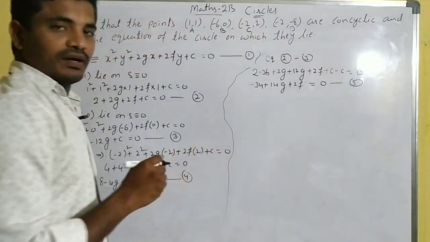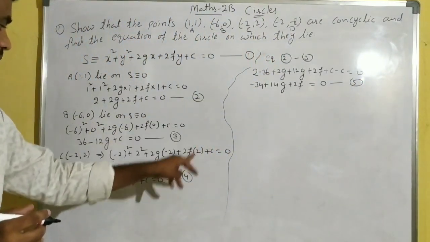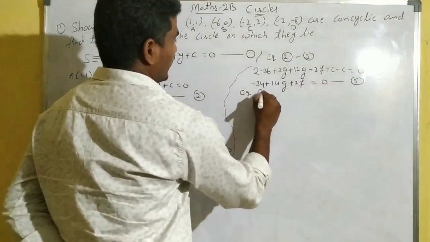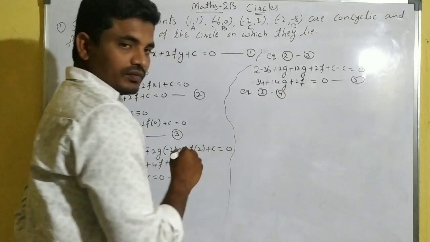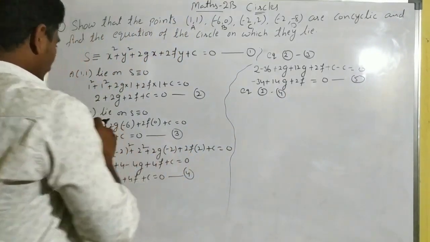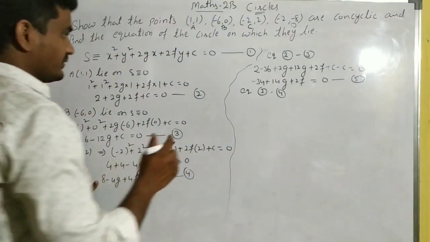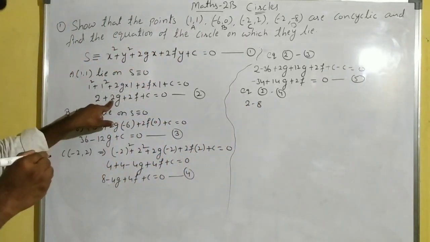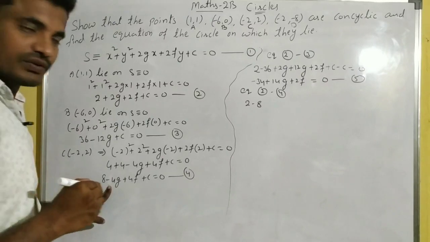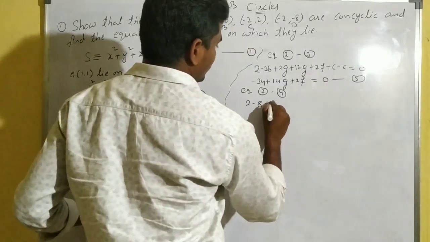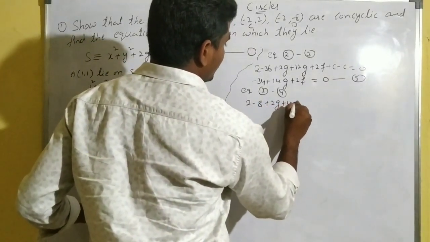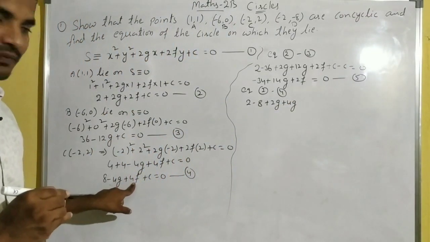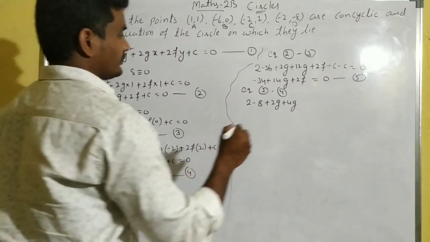5. And next I am going to do 2 minus 4. Equation 2 minus 4. When you do equation 2 minus 4, 2 minus 8, next 2g, and minus of minus 4g, that becomes plus 4g, 2f, and this is a plus 4f, that means it becomes minus 4f.